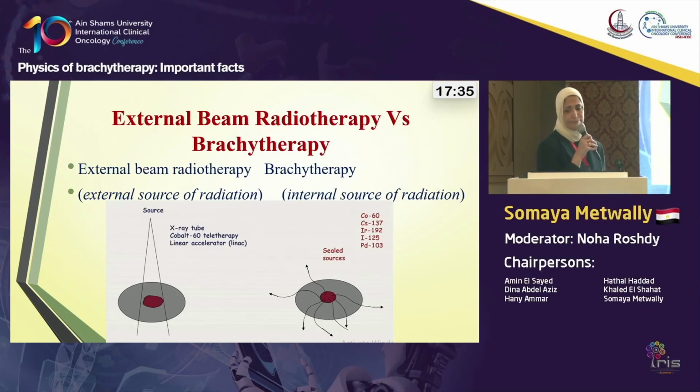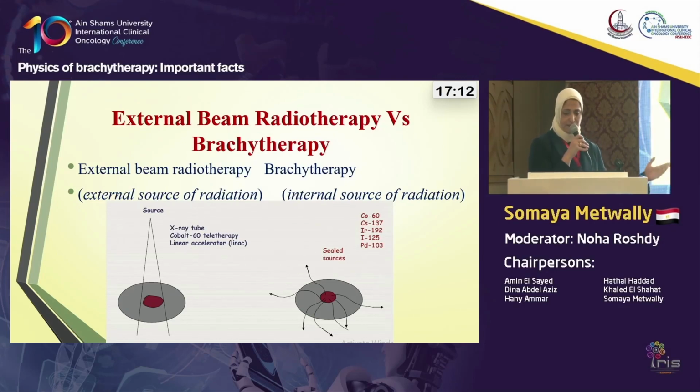So, external beam radiotherapy versus brachytherapy. In external beam radiotherapy, of course, it is obvious that the source of radiation is outside the patient, and we have examples for external beam: X-ray tube, cobalt-60 teletherapy, and also linear accelerators.